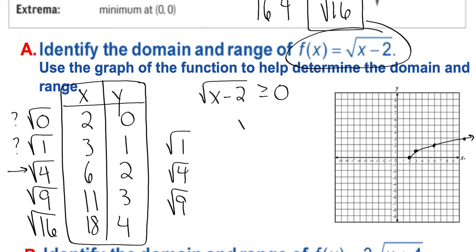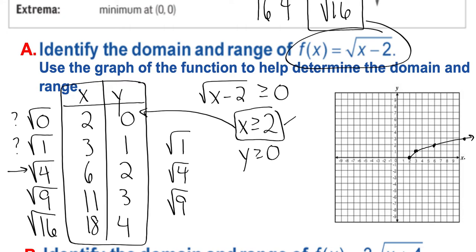Well, it's a 2, so x has got to be greater than or equal to 2. Then I can go to that point right there, which I get out a 0. So our y is going to be greater than or equal to 0 for this point. So this is our domain right here. And this is our range right here.